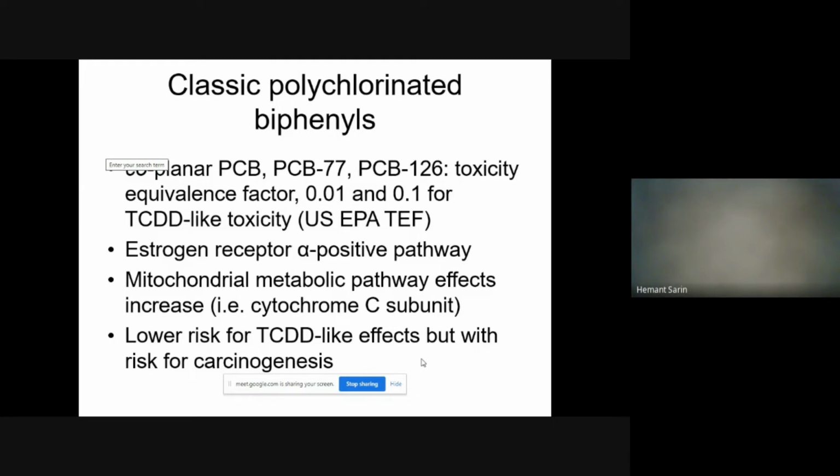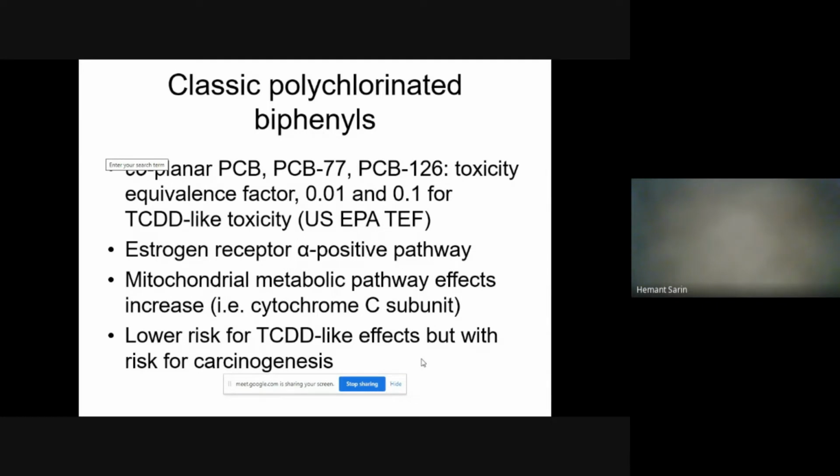The important thing is that as far as this pathway is concerned, compared to TCDD, this is an estrogen receptor positive pathway as compared to the former, in which metabolic pathway effects are noted by an increase in transcription of genes involved in such pathways.